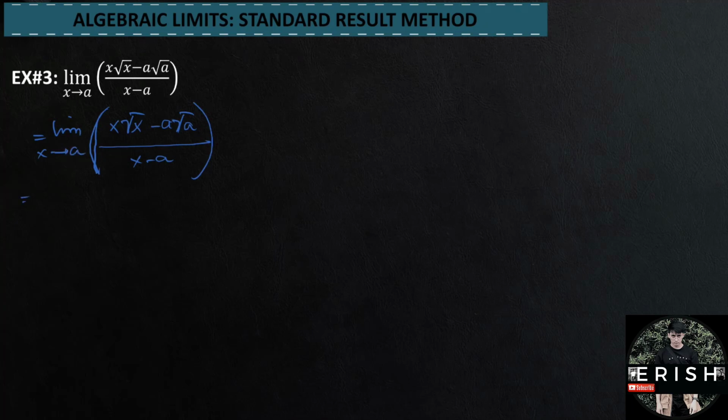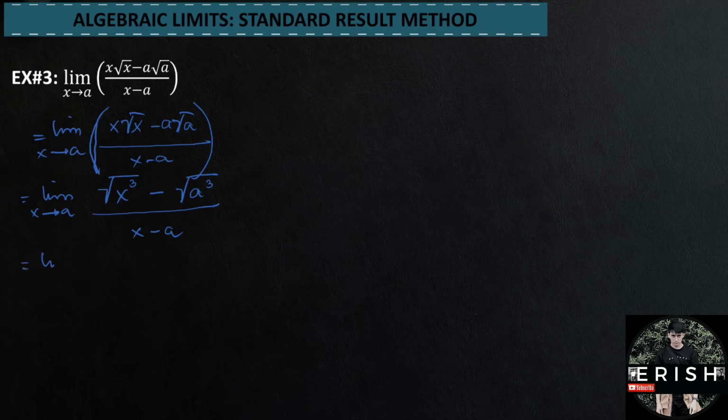Nasa standard result method pa rin tayo. Kailangan natin i-convert yung form. Limits, pinagsama natin ito, pag binalik natin yung x sa loob, magiging square root of x cube na yan. Minus, ganun din itong a times square root of a, magiging square root of a cube over x minus a as x approaches a.